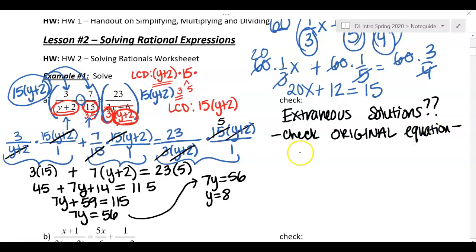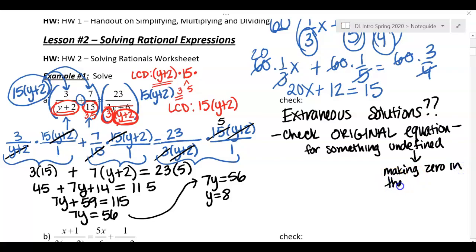Okay? You're checking the original equation for something undefined. Specifically for you guys, since these equations have fractions, undefined would mean making 0 in the denominator. So that's what we don't want.